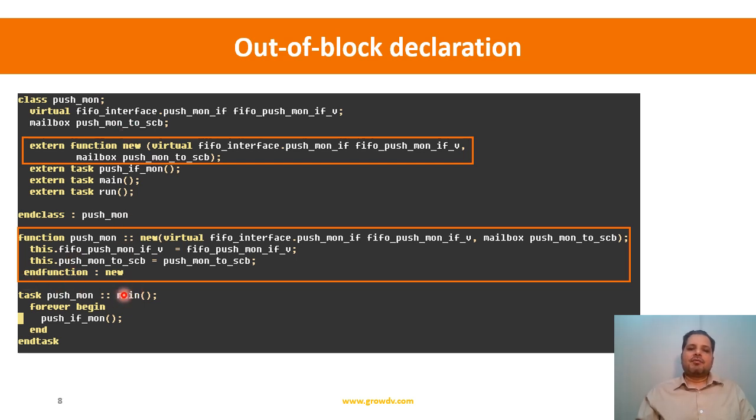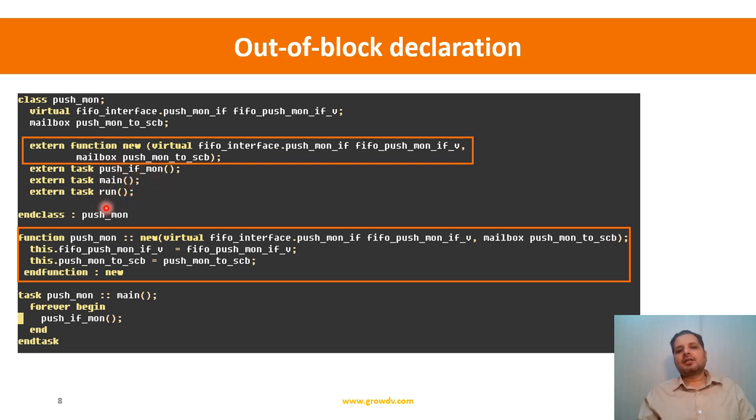Now, one benefit of doing it this way is that if you have a very big and complex class, then when you open the class, you just want to get a quick glimpse of what properties and methods are present. You don't want to jump into the details of what exactly a particular function is doing. So you just want to get a glimpse of, okay, this is the push monitor, it has a constructor, and it seems to have these tasks: push interface monitor, main, and run.